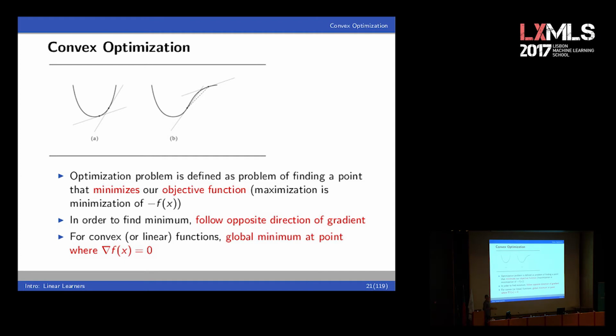Statistical learning theory goes beyond what optimization theory does, namely not just talking about the training set, but talking about the test set.